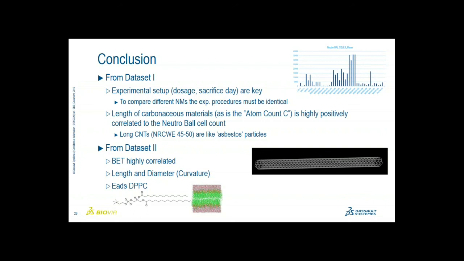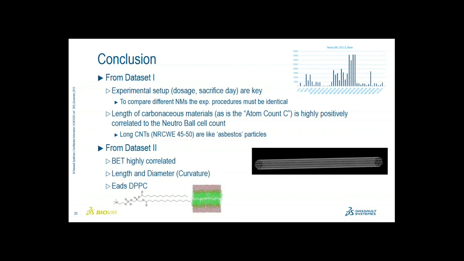It's kind of self-explanatory again. But the length of the carbon nanotubes, single wall or multi-wall, what the descriptors call atom count C, is highly correlated with our response. So basically, everything that looks like asbestos will trigger a very high response.